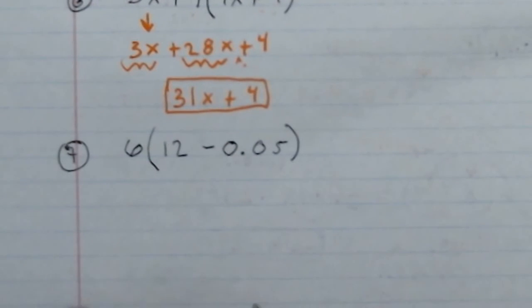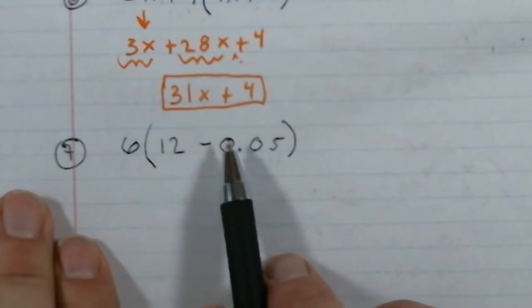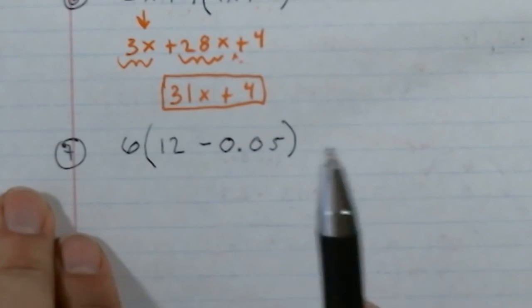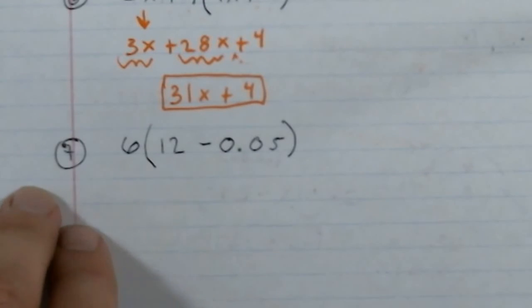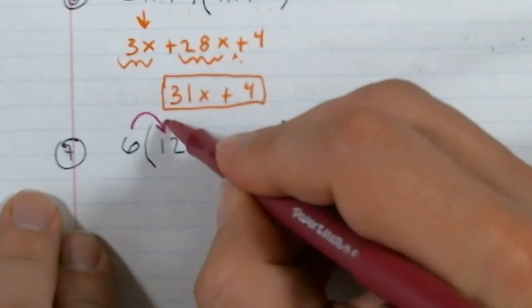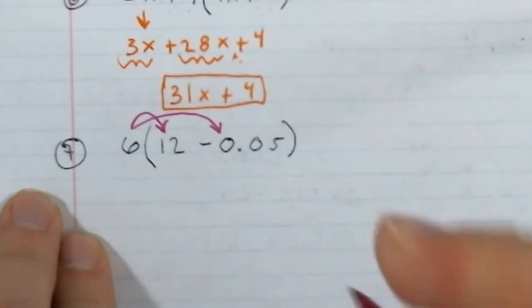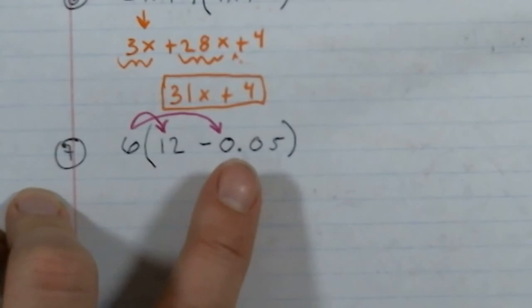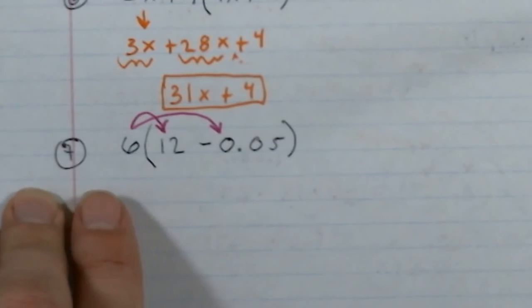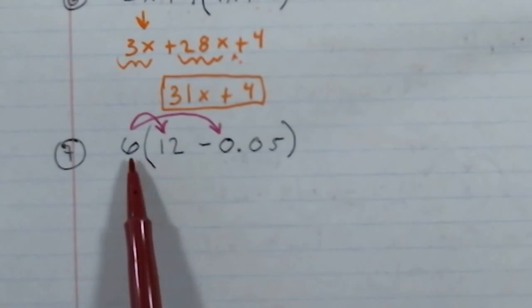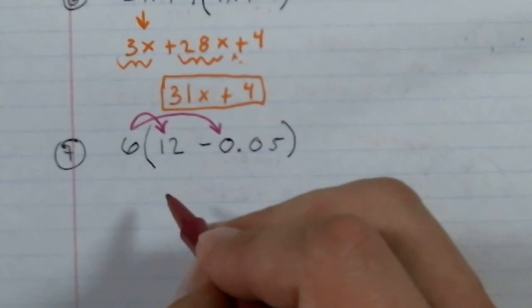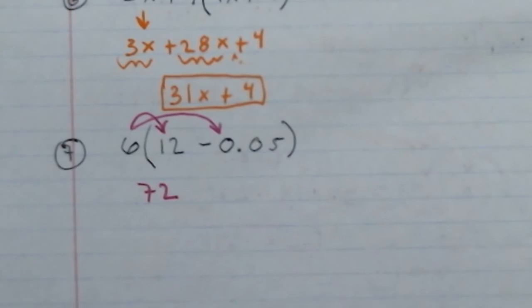So let's think about this. Well, how are you able to do this? Well, you can do this now. So here we go. 6 times that, 6 times that. And you're going to be like, well, I never dealt with decimals before. Yes, you have. So what's 6 times 12? 6 times 12 is 72. Okay, minus.